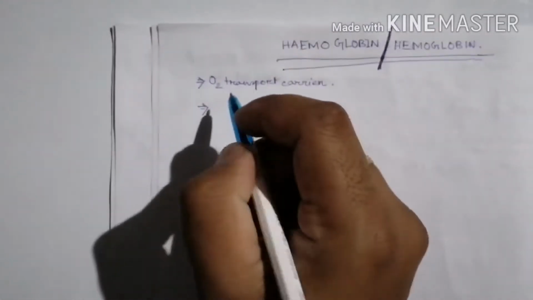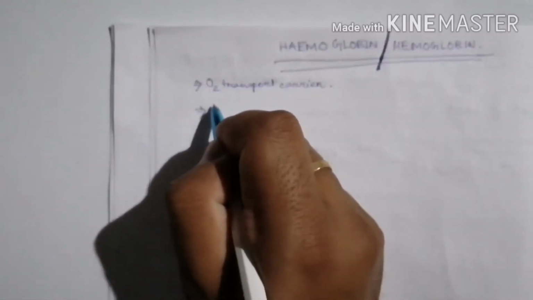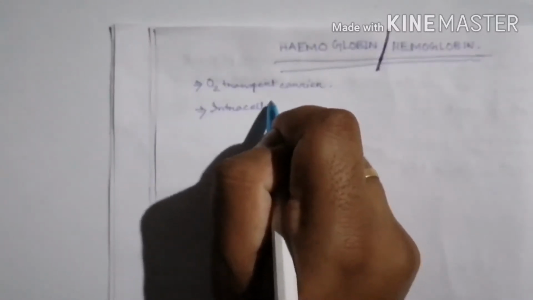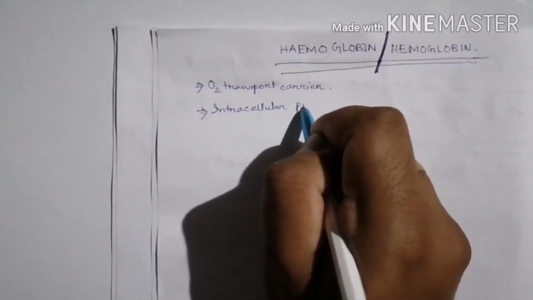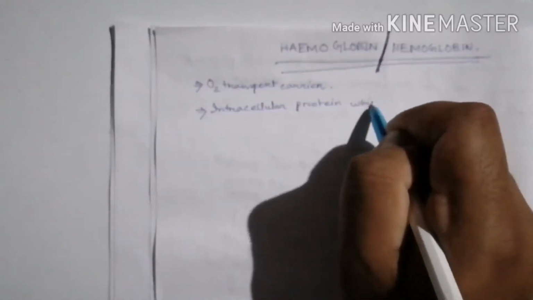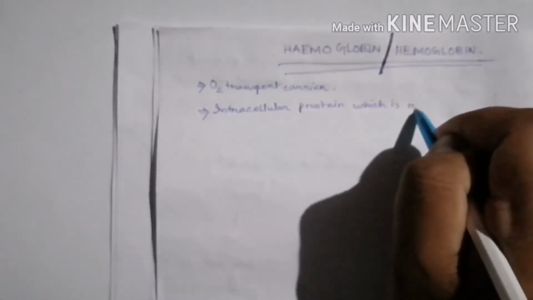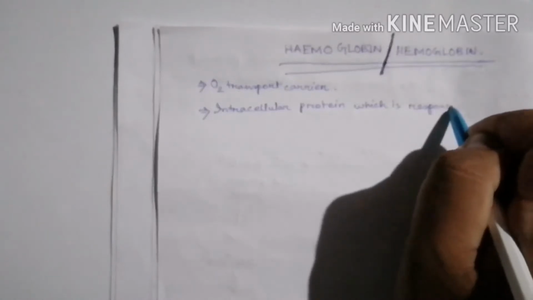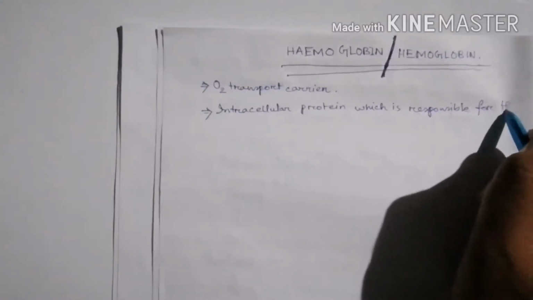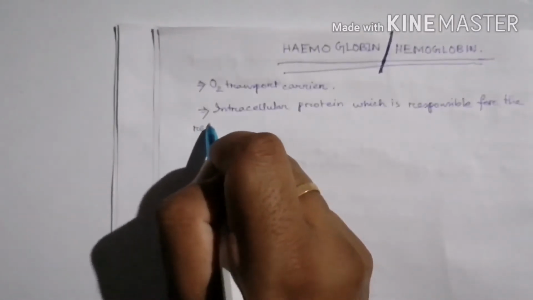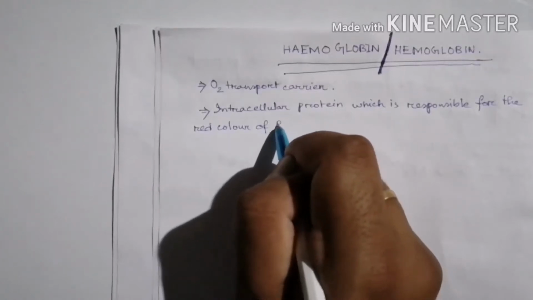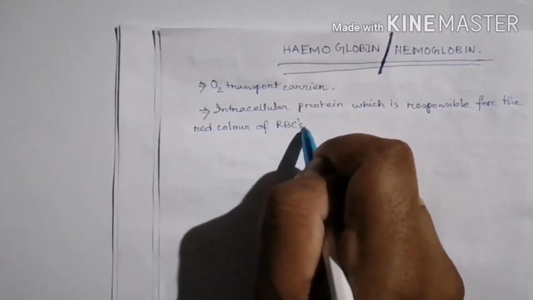It is a large intracellular protein which is responsible for the red color of red blood cells.